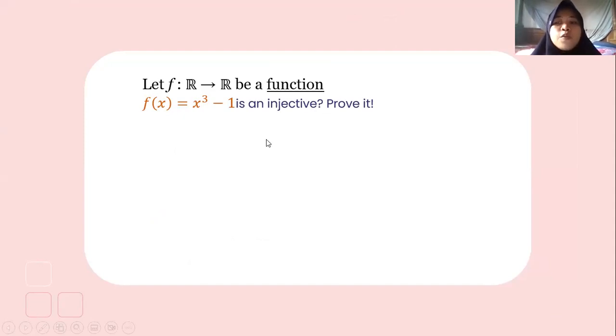Before we prove it by definition, we will first prove it using GeoGebra. Here we will see the graph of the function f(x) equals x power 3 minus 1.